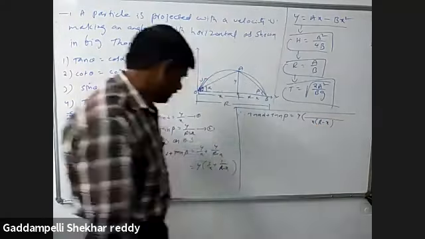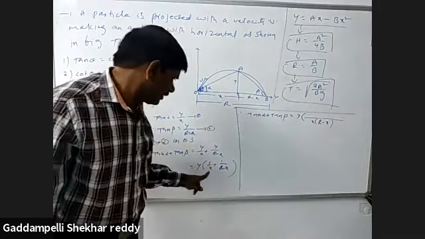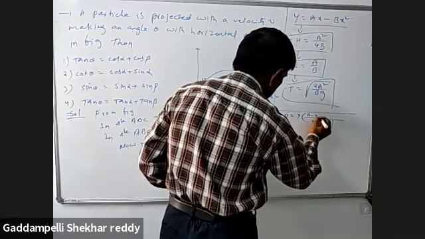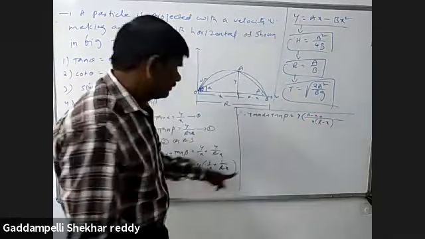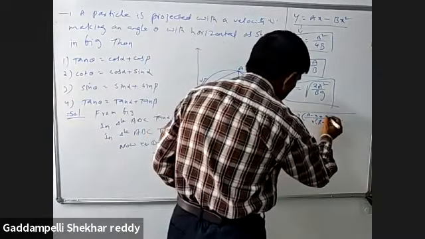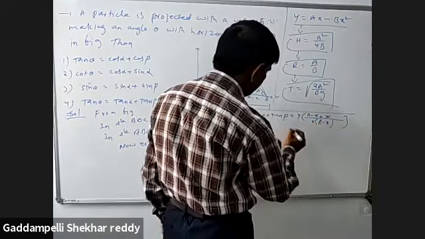Dividing by x, the x gets cancelled, remaining r minus x, plus, r minus x cancels, remaining plus x. So minus x plus x cancel.